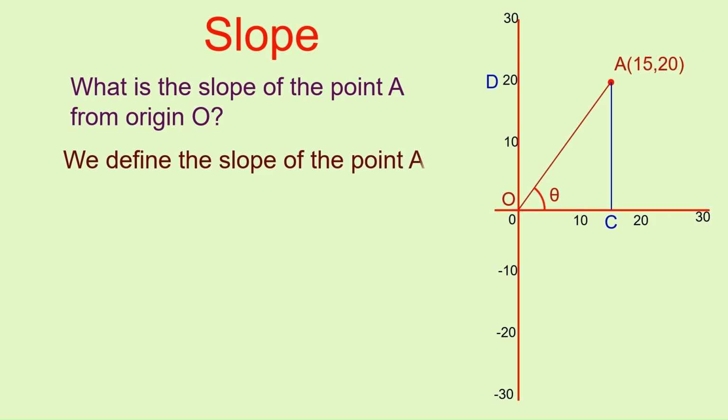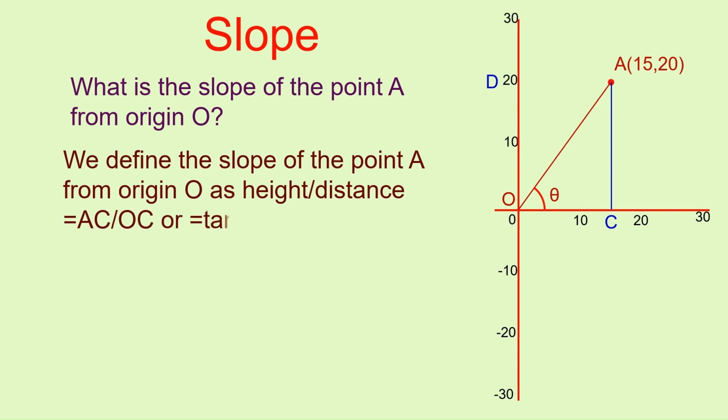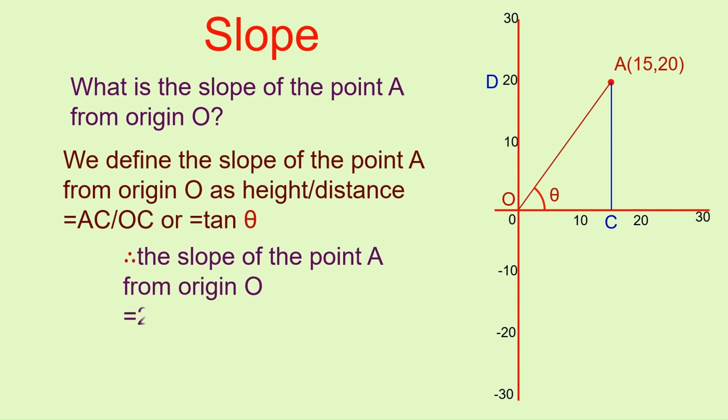We define the slope of the point A from origin O as height over distance equals AC divided by OC, or equals tan theta. Therefore the slope of the point A from origin O equals 20 divided by 15.